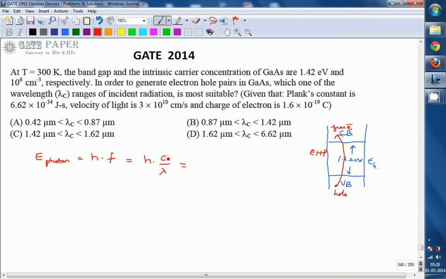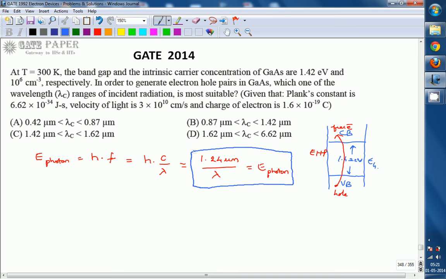Both are constant values. If you multiply those two, what you get is 1.24 micrometer divided by lambda. So this is the equation we are going to use to calculate the energy of a photon.